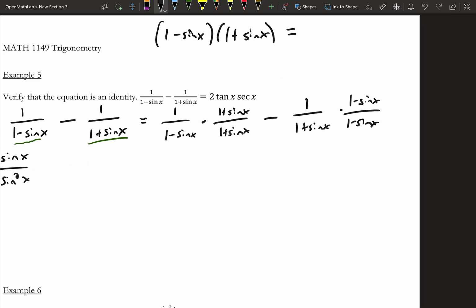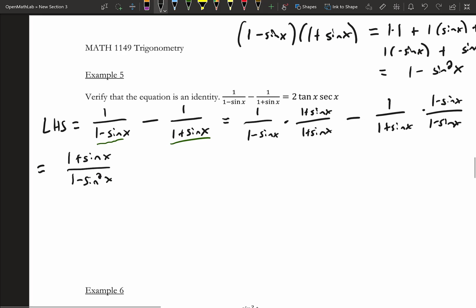This would end up being 1 times 1, plus 1 times sine x, plus 1 times negative sine x, and then plus sine x times negative sine x. Simplify that and you just get 1 minus sine squared x.